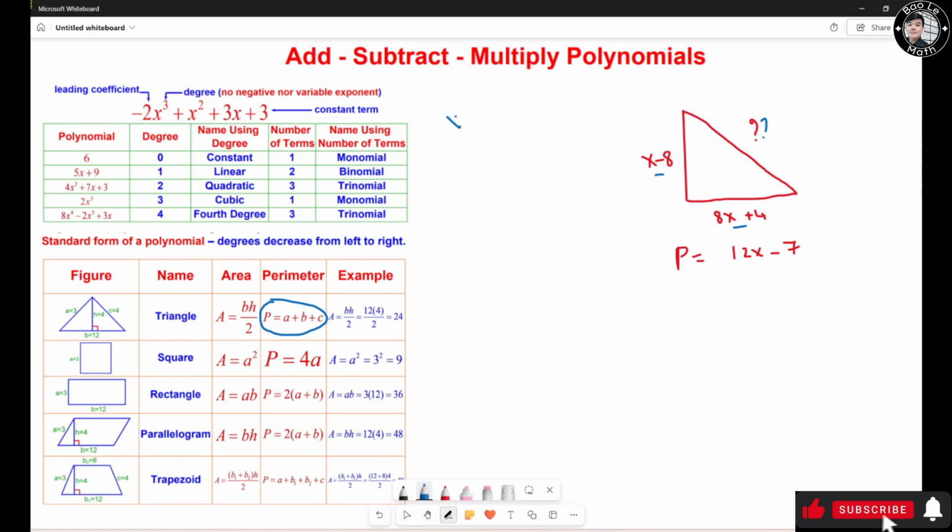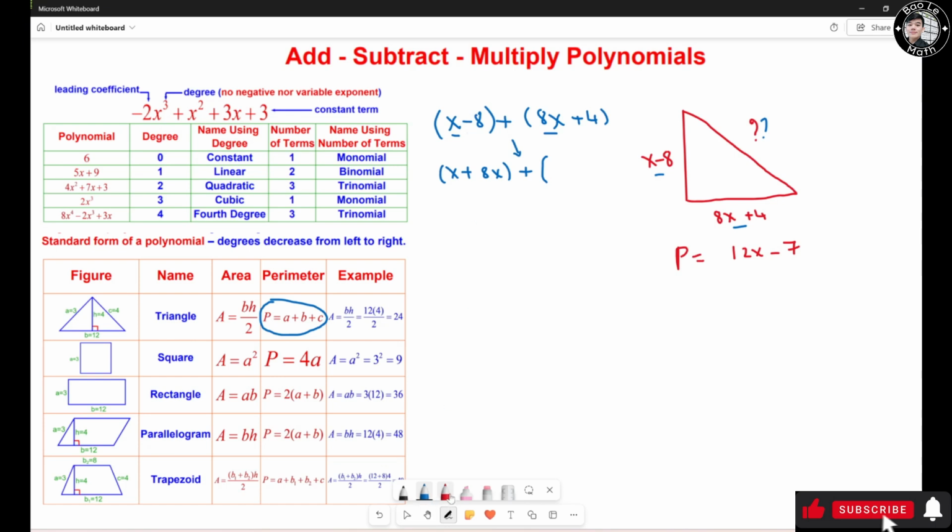So I have s minus 8 plus 8s plus 4, right? So I combine like terms, s and 8s, with the plus sign outside, bring it down, parenthesis.